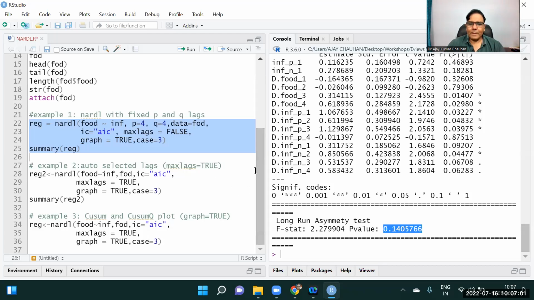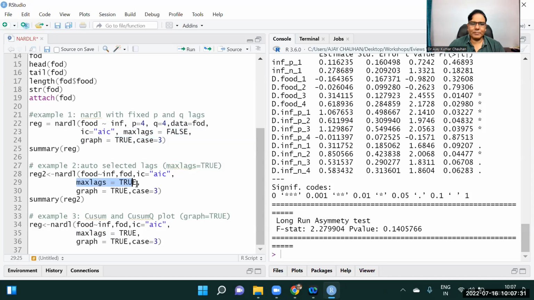Now we have another case, because in the first case we defined the lag, that p is equal to 4 and q is equal to 4. Suppose we say let the software select the lag automatically. So in example 2, we have auto selected lags. Maximum lag is true on the basis of Akaike information criteria.